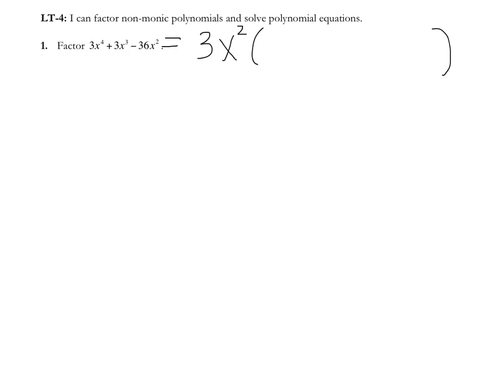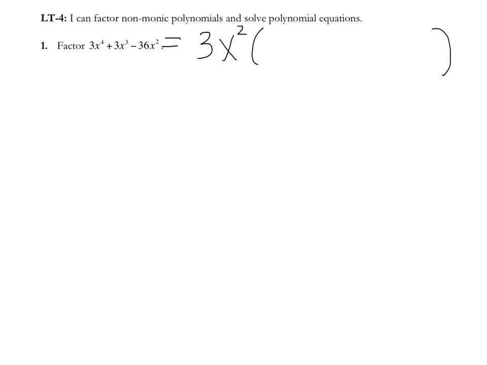Now remember, GCF factoring is sort of like undoing distribution. So it's like a distribution problem in reverse. So what we want to do is think about what would have to be left over inside these parentheses so that if we multiplied by the 3x squared, we would actually get this problem here.